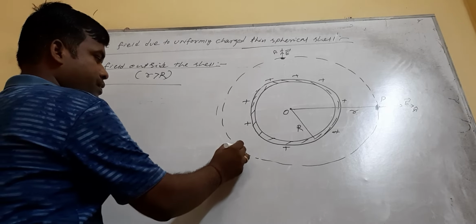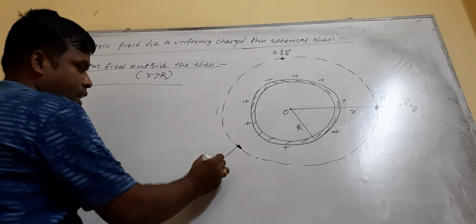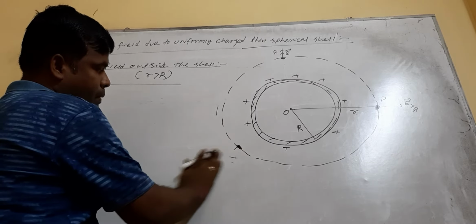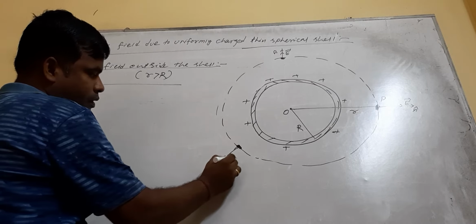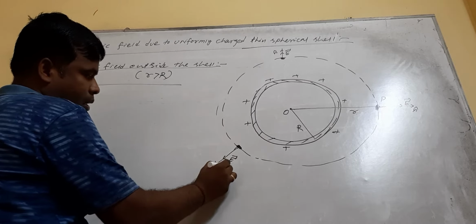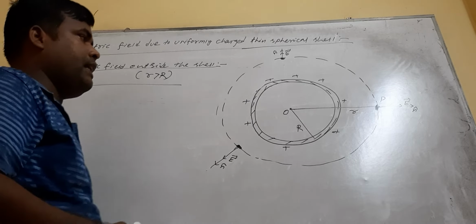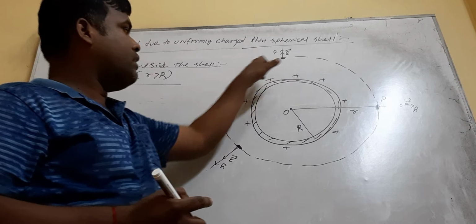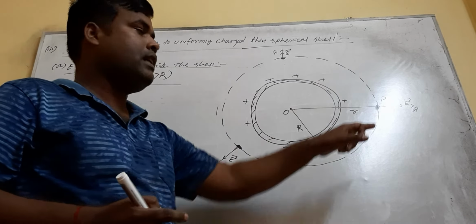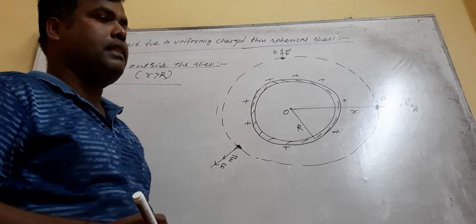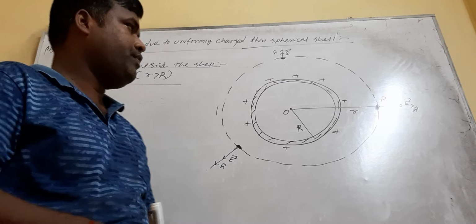At every point on this Gaussian surface, the electric field and area vector are in the same direction. And due to symmetry, the electric field has the same magnitude at every point on this Gaussian surface.